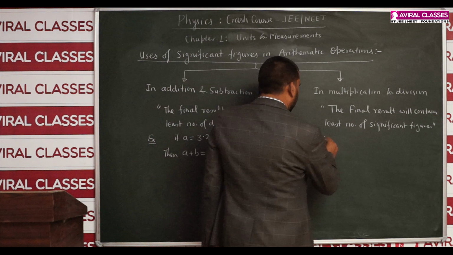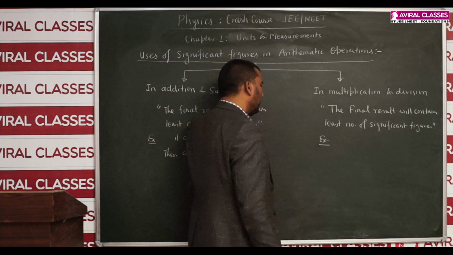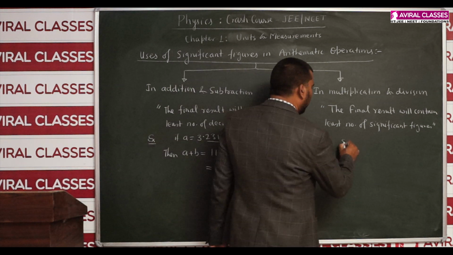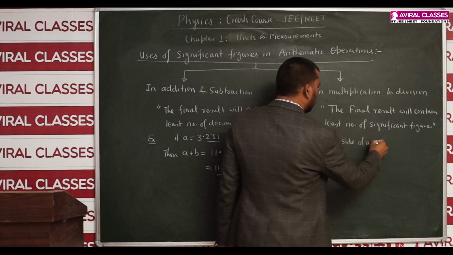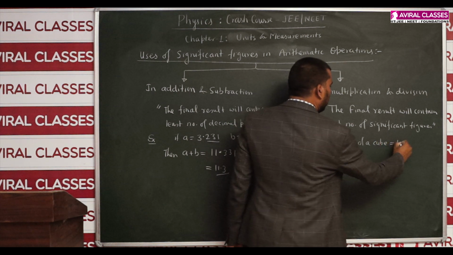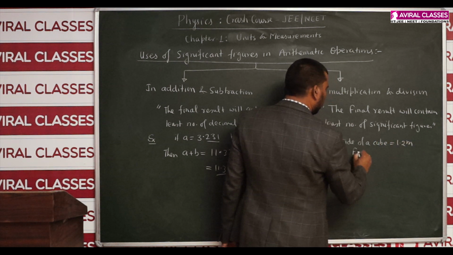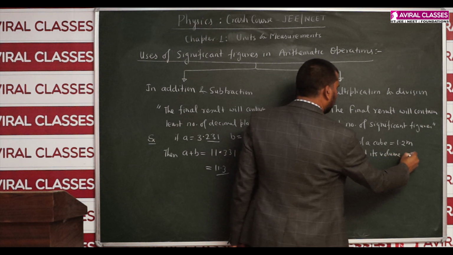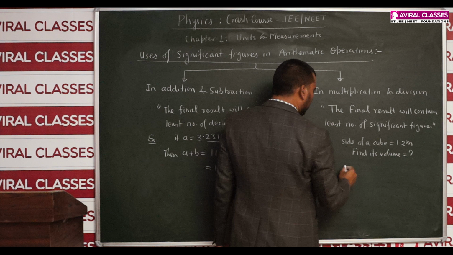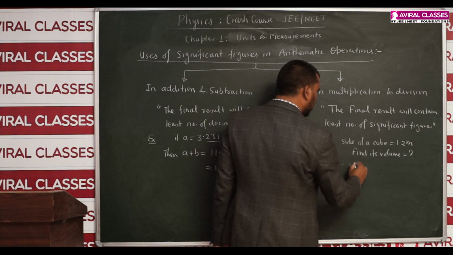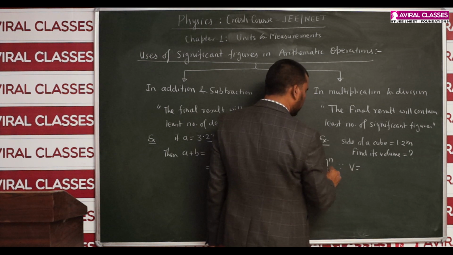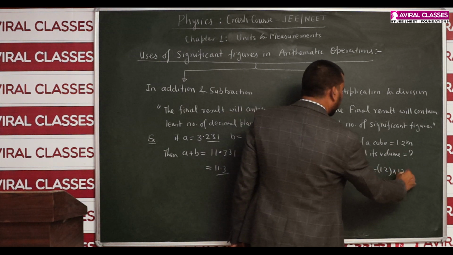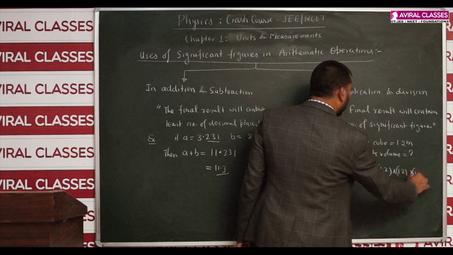One example, taken from a previous year IIT question. If the side of a cube is 1.2 meter, find its volume. As you know, volume is a cube, it is 1.2 into 1.2 into 1.2.